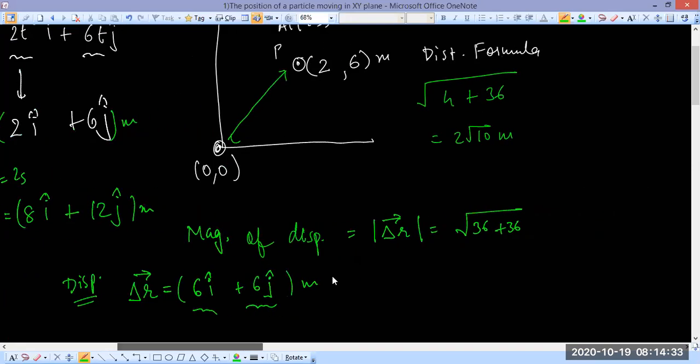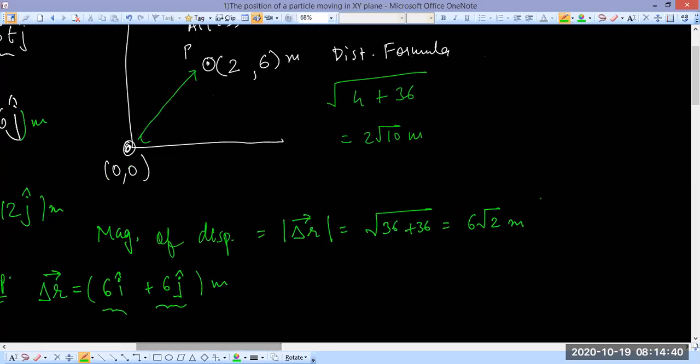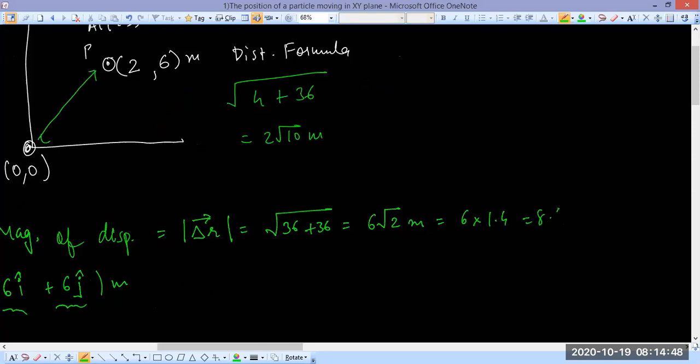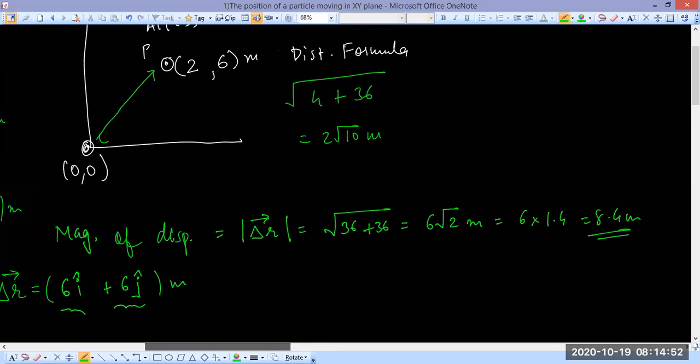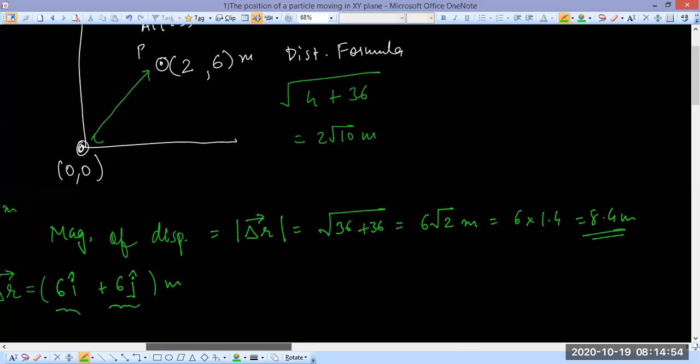So the final answer is going to be 6 root 2 meter. If you put the value of root 2, that's 6 into 1.4, so nearly 8.4 meter. I hope you got it right, everyone.